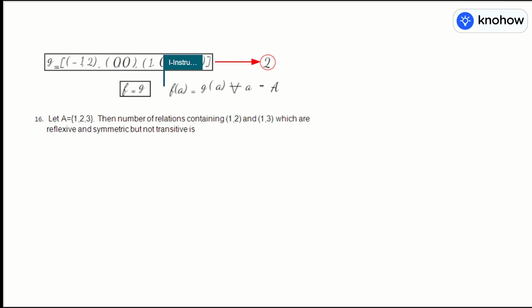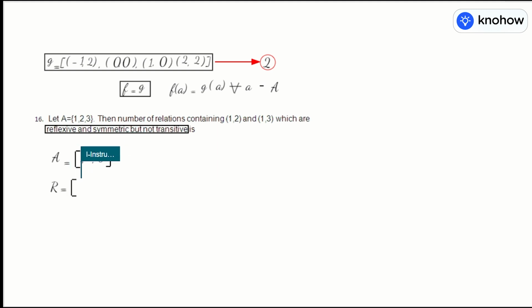The next question is, given a set A consisting of elements 1, 2, 3, find the number of relations containing (1, 2) and (1, 3) which are reflexive and symmetric but not transitive. Because we have to write a relation which is reflexive, with the set A given to be {1, 2, 3}, what are the elements of R?